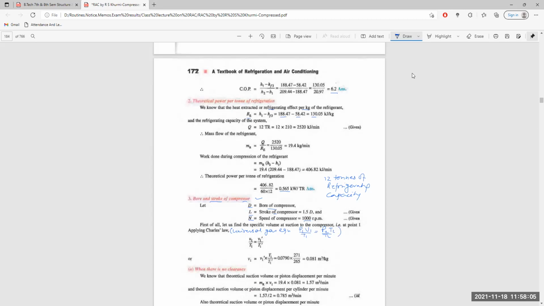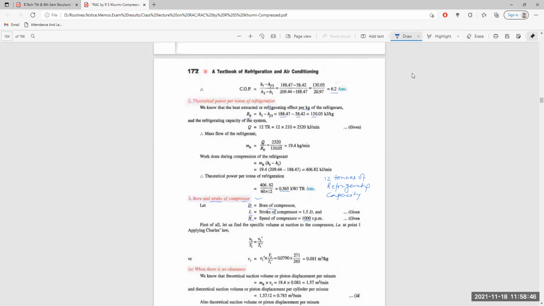Let us first find the specific volume at suction of the compressor, that is, at point 1 or at the point of entrance of the compressor itself.